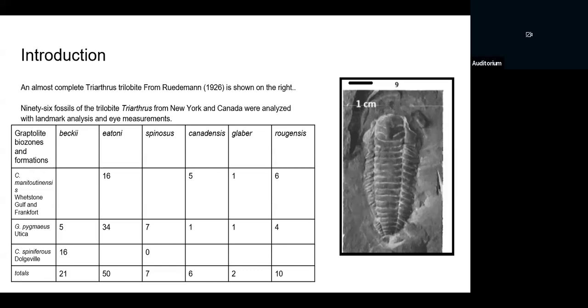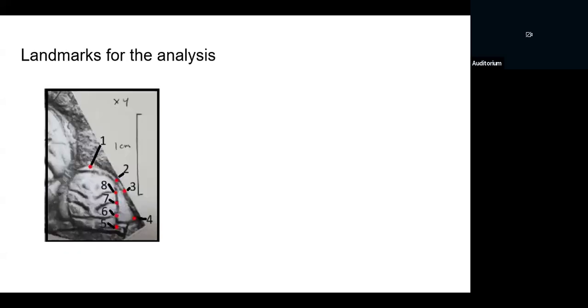What I was interested in was evolution in this trilobite. These things have been studied since 1838. What I decided to do was what is called landmark analysis. Mark Webster at the University of Chicago put together an article on how you do it, and it's actually pretty simple. You take images of these trilobites and you just click on the important points, or landmarks, on the trilobite.